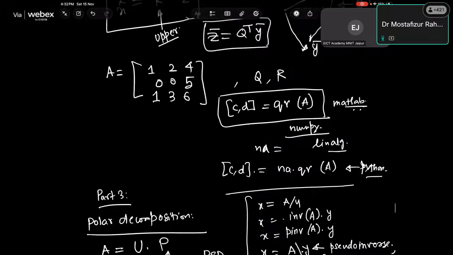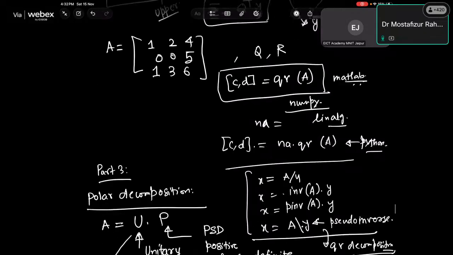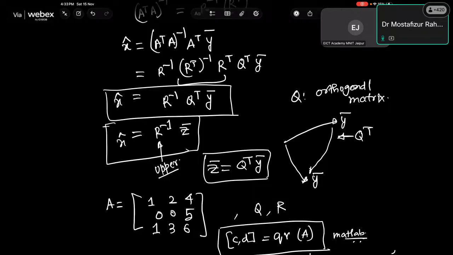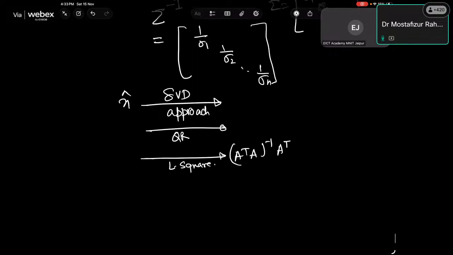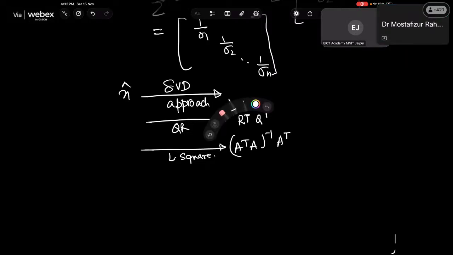When we did the QR decomposition, what was the solution? Let's look at that. Yeah, it is R inverse Z, or R inverse Q transpose Y. R inverse Q transpose was the solution.